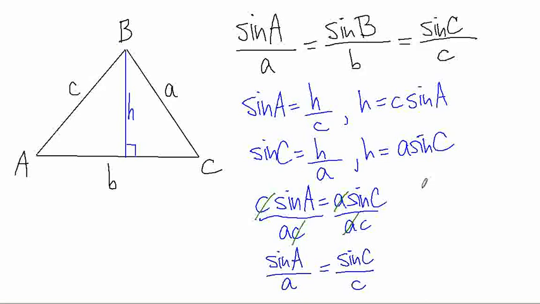And if I did that, I would get that these two expressions are also equal to the sine of angle B over the length of side b. Okay? And you can do that with the other altitudes if you like, to convince yourself that indeed those three expressions are equal. Okay? So that establishes the law of sines.